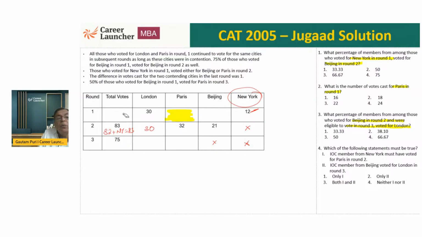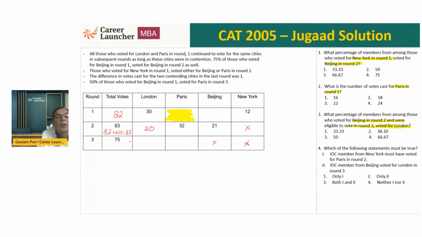Out of the 82 voters who were there in round 1, all of them voted in round 2 also, and New York, which was eliminated in round 1, became eligible to vote in round 2. So New York also voted. So 83 is nothing but the 82 voters of round 1 plus New York.